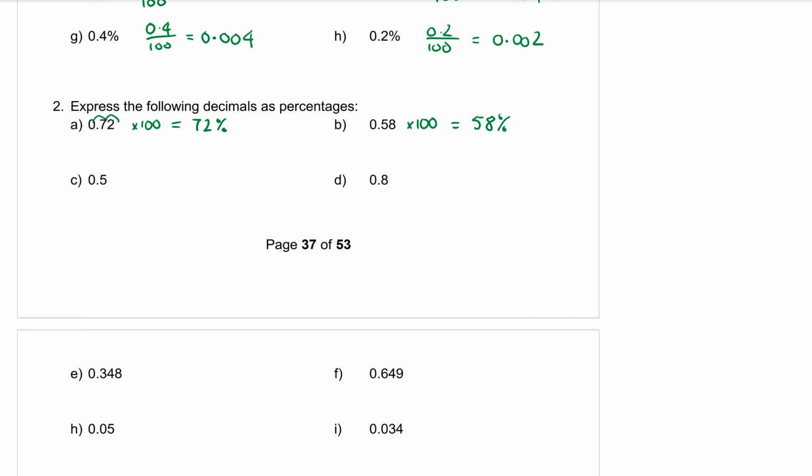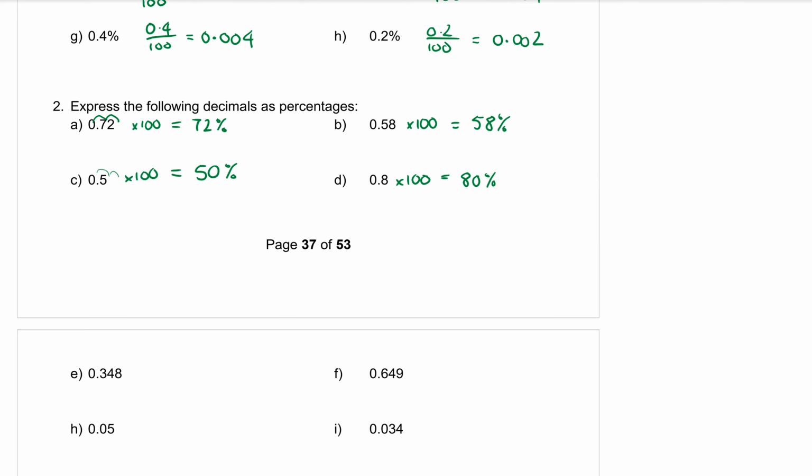To turn a decimal to a percentage, we times by 100. You can use your calculator if you like, but all it's going to do is go 1 jump, and the second jump, because there's nothing to jump, it would be a 0. So 50%. D, to make it a percentage, times by 100. Yes, Kobe, good. 80%.